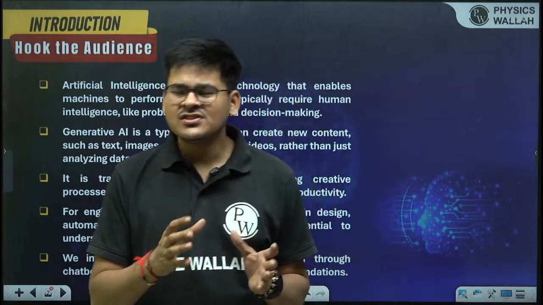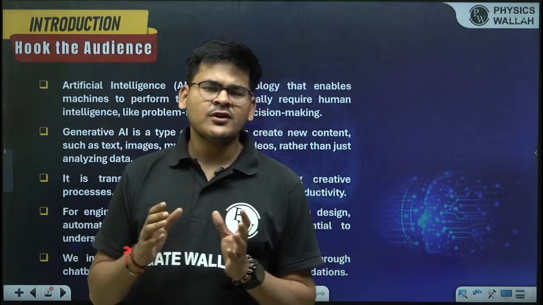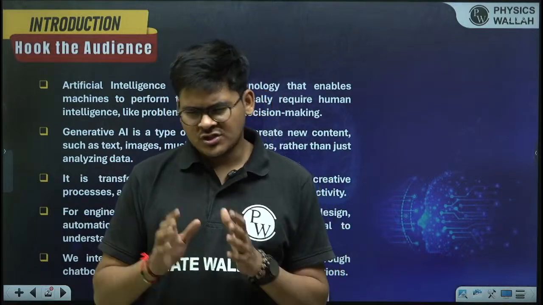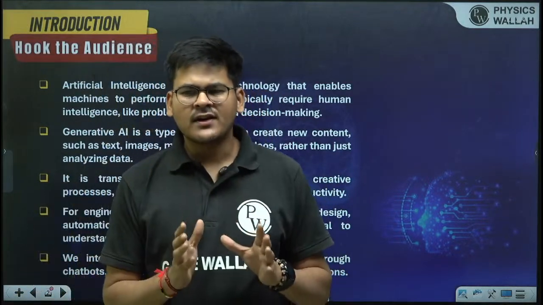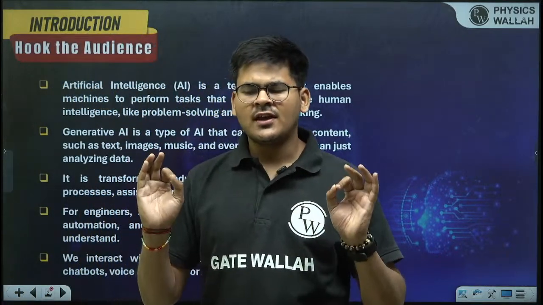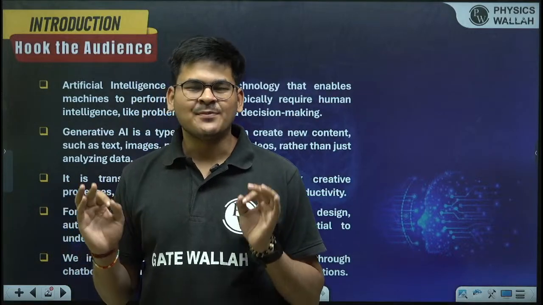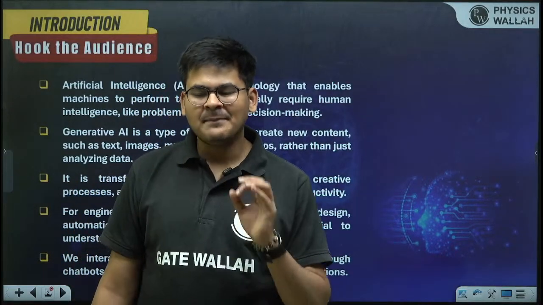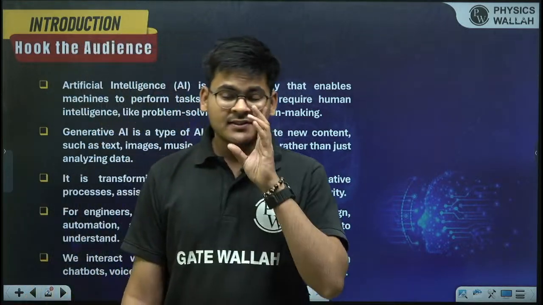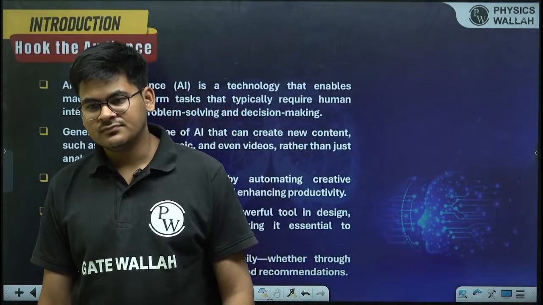And when that intelligence is tried to be copied artificially without intervention of a human, which is via machines, that's what we call artificial intelligence. Is the first and the most important point clear? Can you please let me know this over chat? Am I making sense on this point? Because this is very important. Unless artificial intelligence is clear, Gen AI will be difficult to understand.